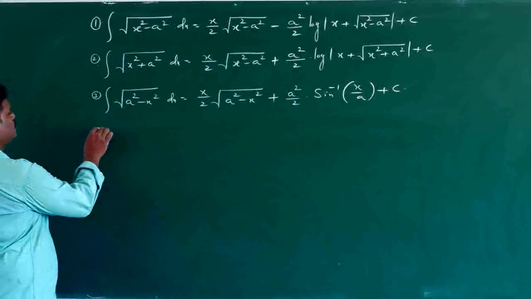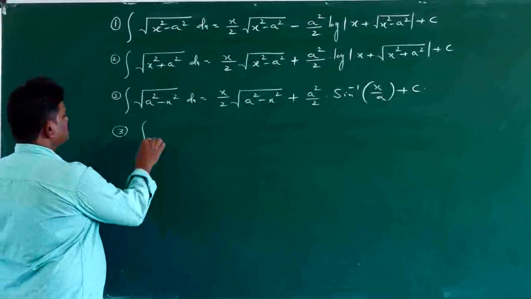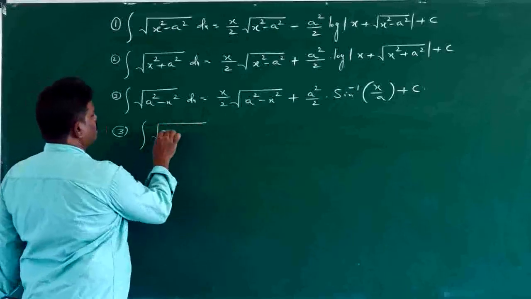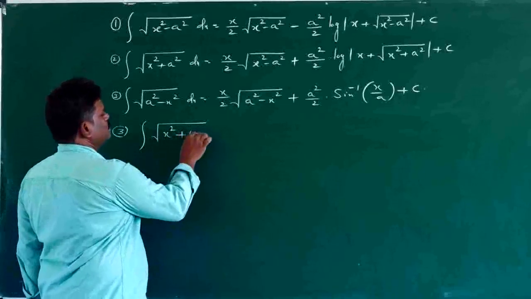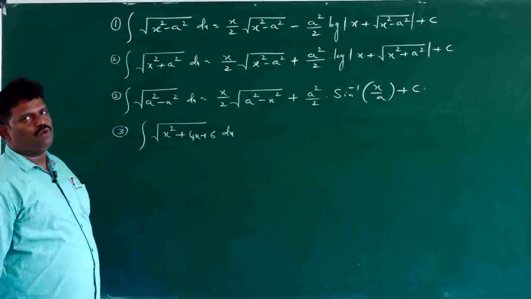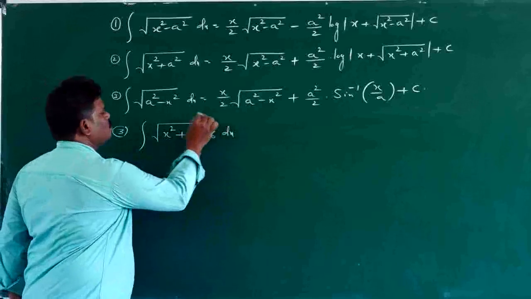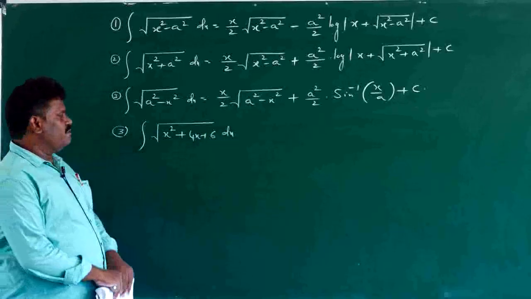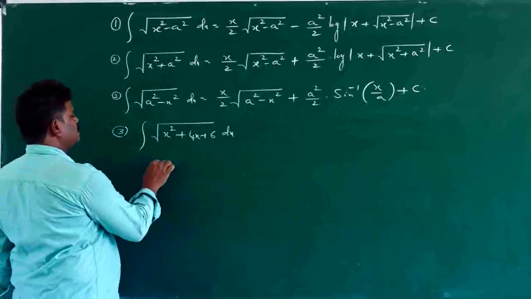Third question: integral of square root of x square plus 4x plus 6 dx. Whenever a quadratic expression is given under a root, we convert it into a perfect square form.